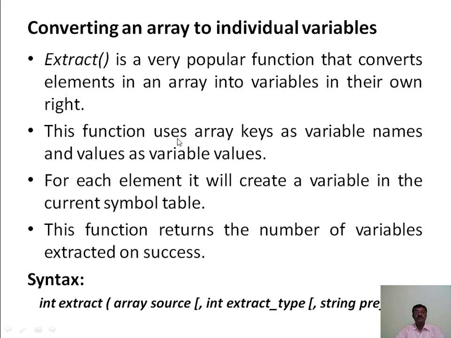This function uses array keys as variable names and values as variable values. For each element, it will create a variable in the current symbol table. This function returns the number of variables extracted on success.